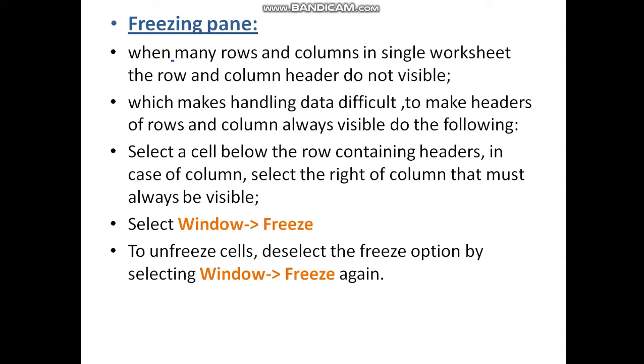For that I use freezing panes, since not seeing headers makes handling data difficult. To make the headers of rows and columns always visible, do the following. Select a cell below the row containing headers. In case of columns, select the cell to the right of the column that must always be visible. First of all, select Window and then the Freeze option. To unfreeze the cells, deselect the Freeze option by selecting Window and Freeze again.